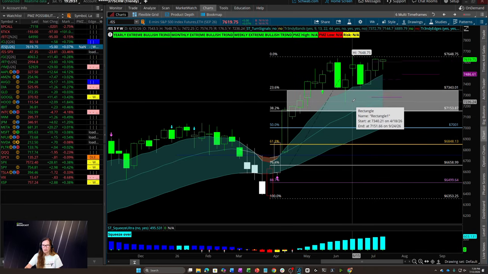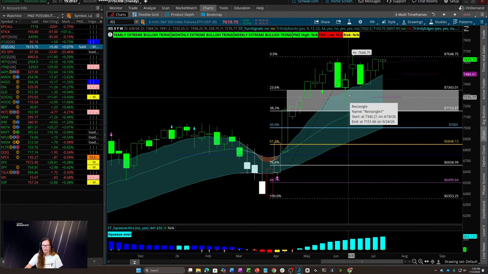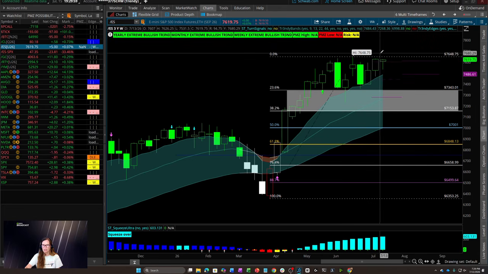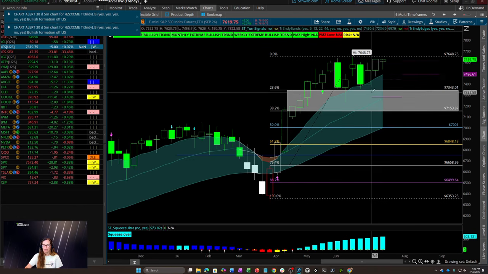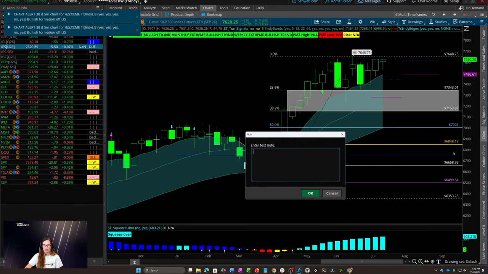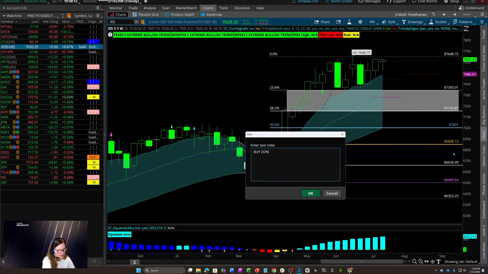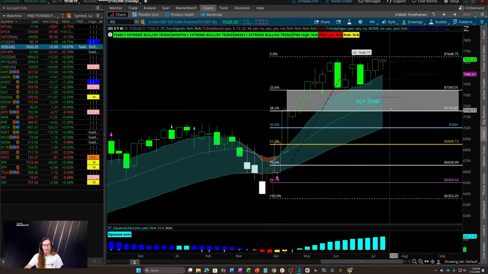This is the zone that I am looking for buyers to step in and then continue to the upside. All right. So on the weekly chart, because we're in a trending market, I want to look to buy a dip in this buy zone, the 23.6 and the 38.2.